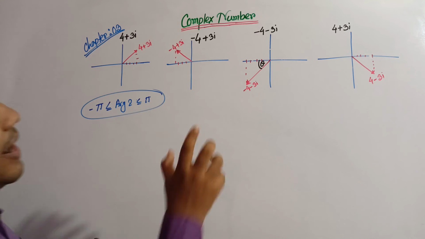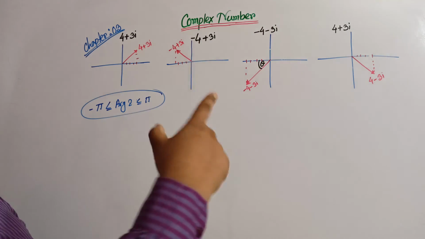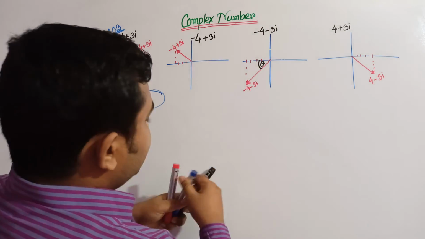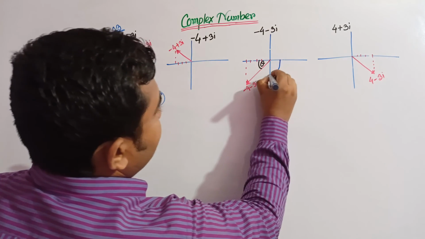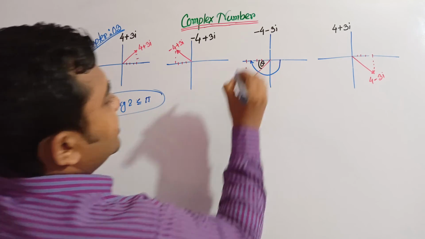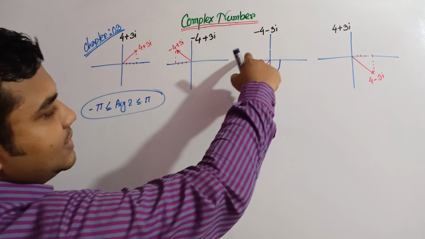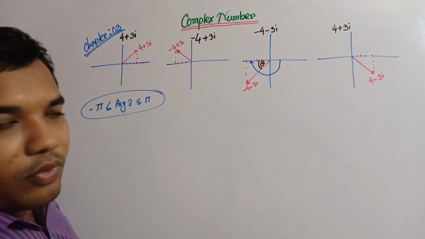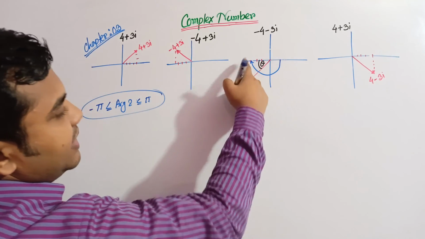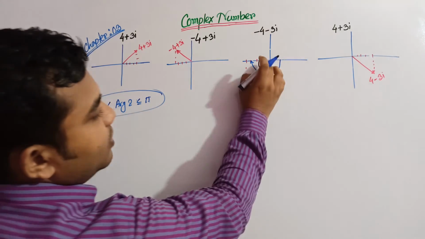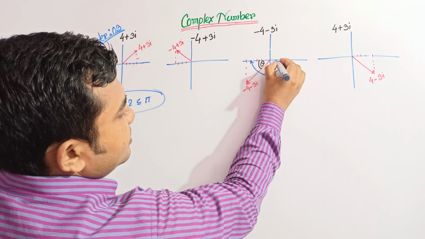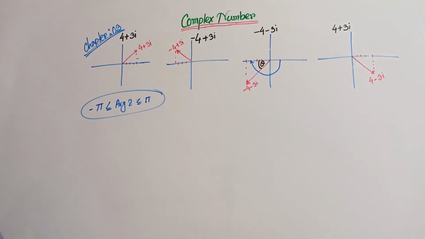So how can we find this angle? In the clockwise direction, it will be like this. This total part is actually minus pi, since it is clockwise. So if we subtract this angle from minus pi, then we'll get the angle we actually require.